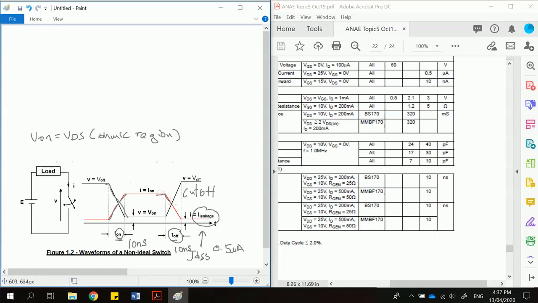You can see that the current slowly goes down to a very small current, 0.5 microamp. Initially, it's at a high current that is required by the load, and then it's trying to switch off. The current will actually reduce, and it takes 10 nanosecond to complete the switching off.